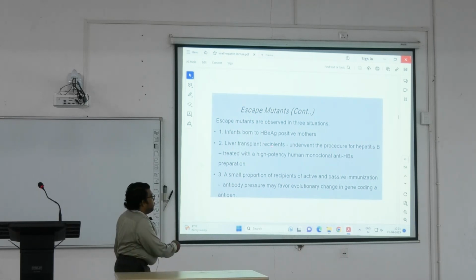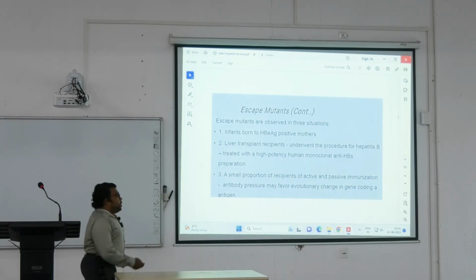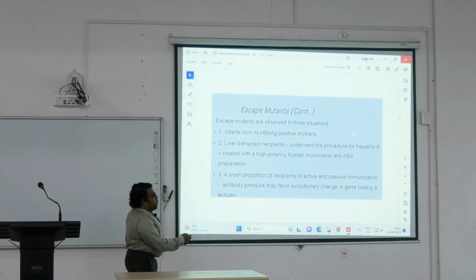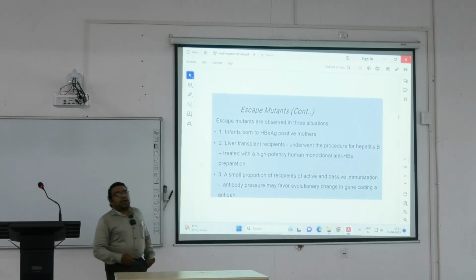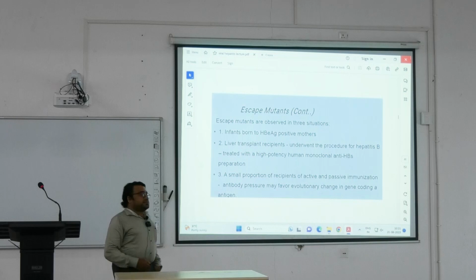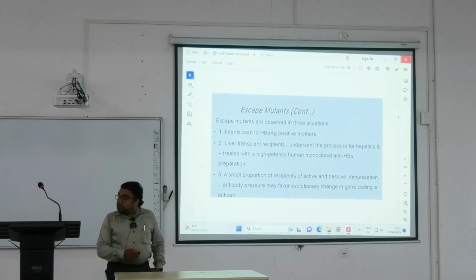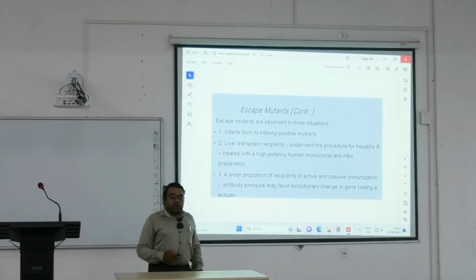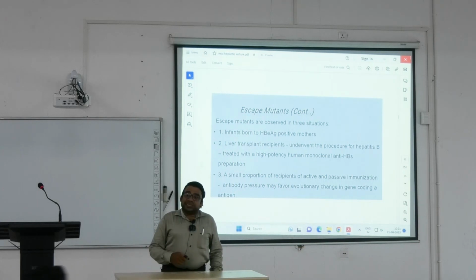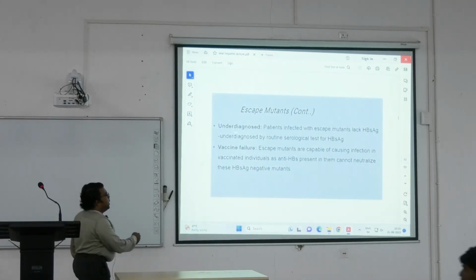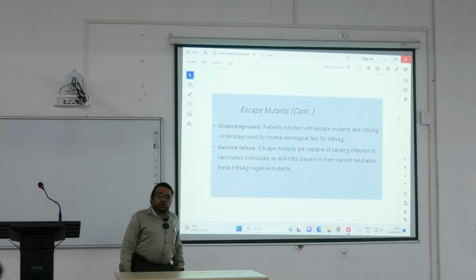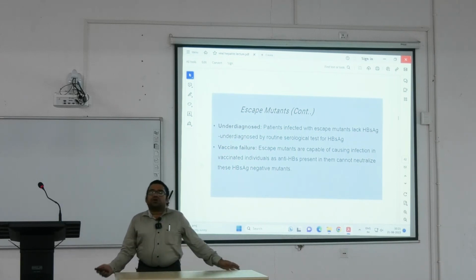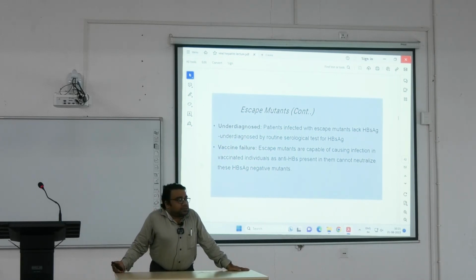Another, liver transplant recipients who underwent the procedure for hepatitis B and were treated with human monoclonal anti-HBs preparation. Another small proportion of the recipients of active and passive immunization can also have alteration of this gene. What is the effect? Underdiagnosis. By routine serology, we go for the panel testing of the antigens by serological methods.